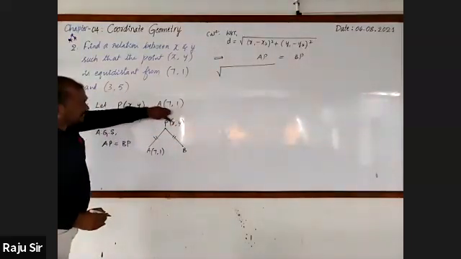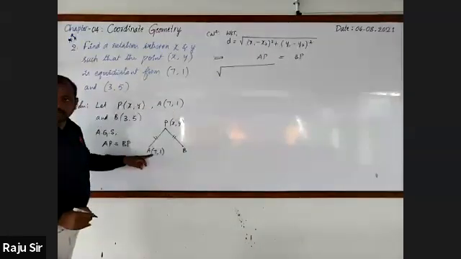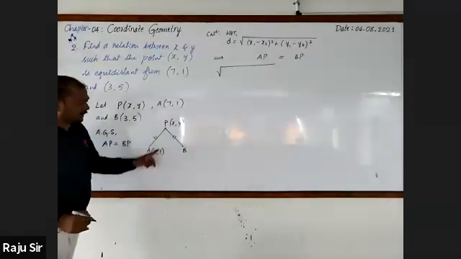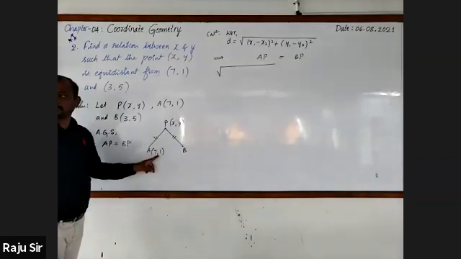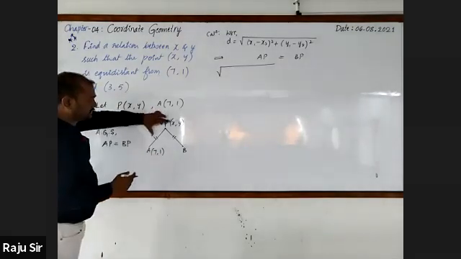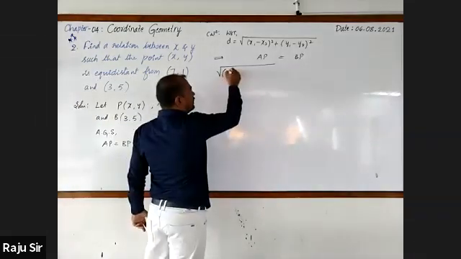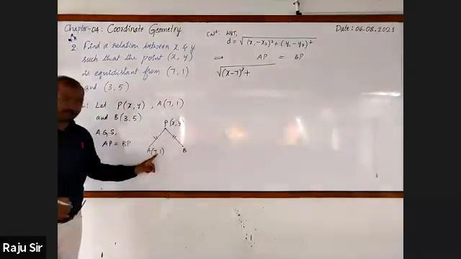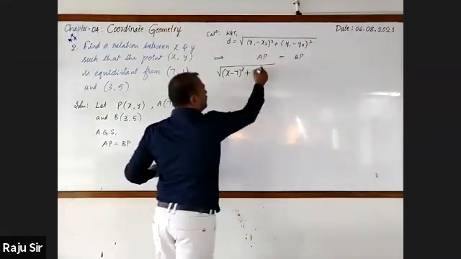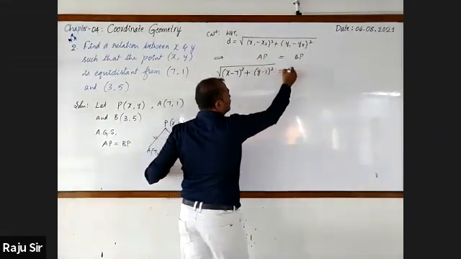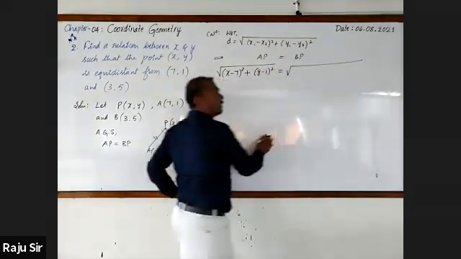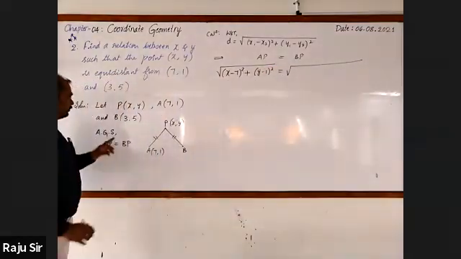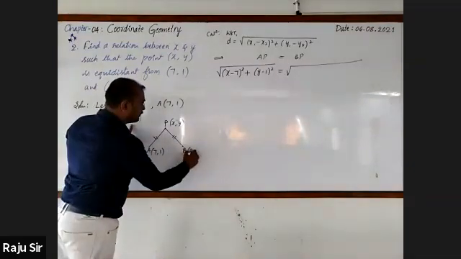How do you write? x minus 7 whole square plus y minus 1 whole square. That's equal to square root of BP. We know that B is 3, 5.